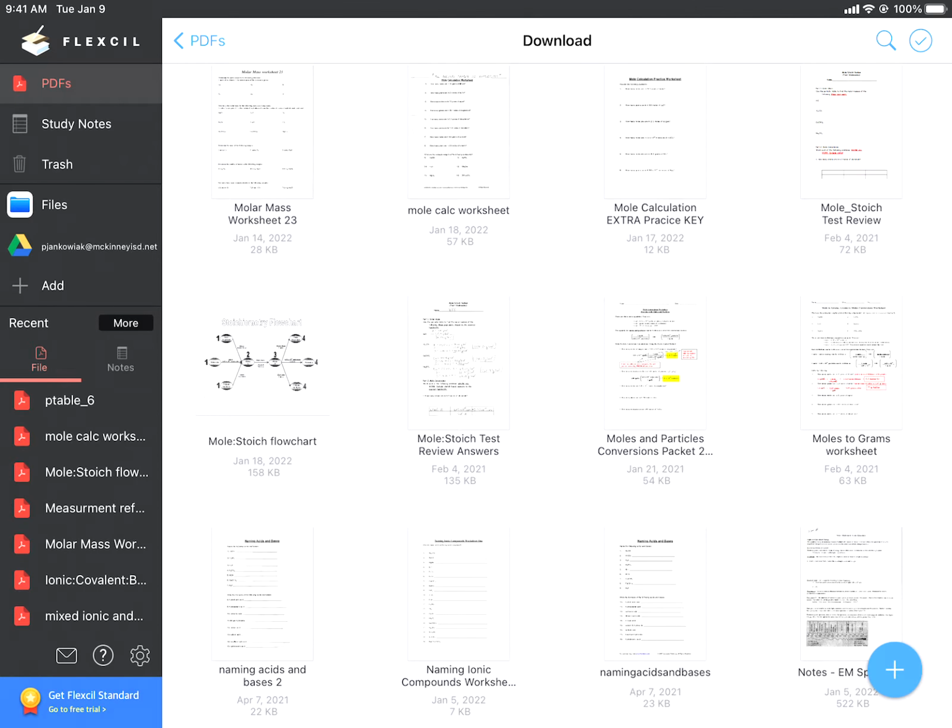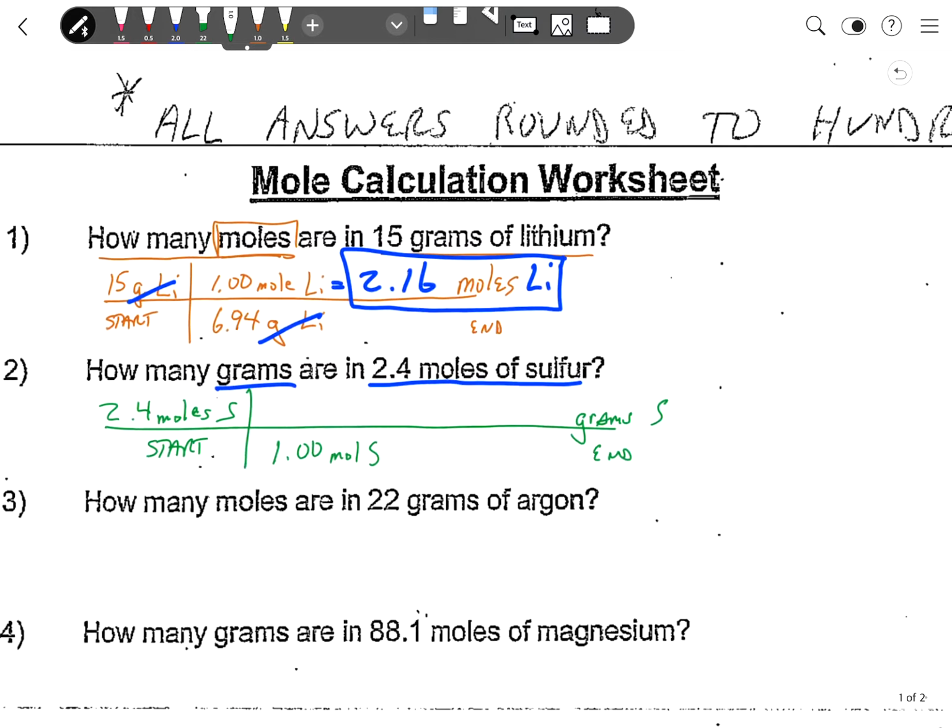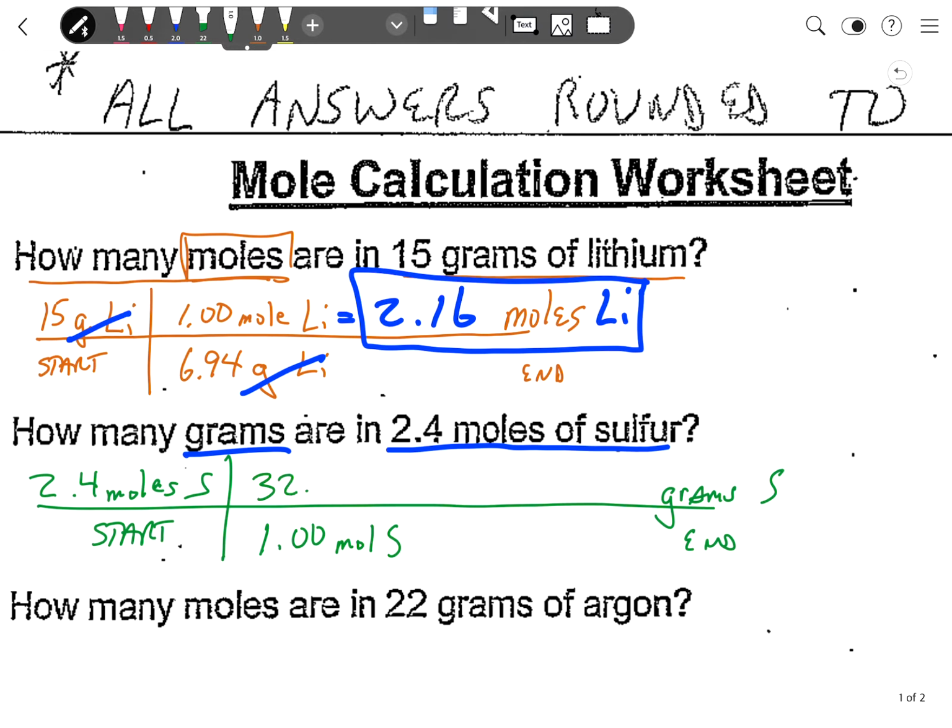So 32.07 grams of sulfur, and as we always do, we cross off our units. We're left with grams on top, and that's 2.4 times 32.07, which would get you 76.96 grams of sulfur, I believe. You can check the calculations, but I think that's what it is.